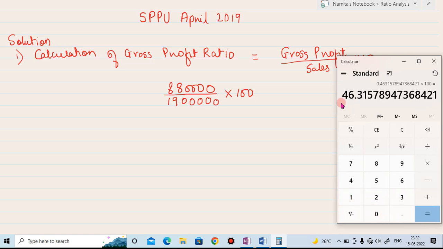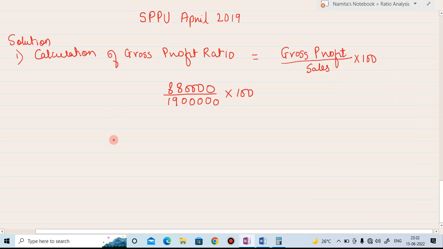So we get 46.31%. So gross profit ratio is equal to 46.31%. So this is our gross profit ratio.